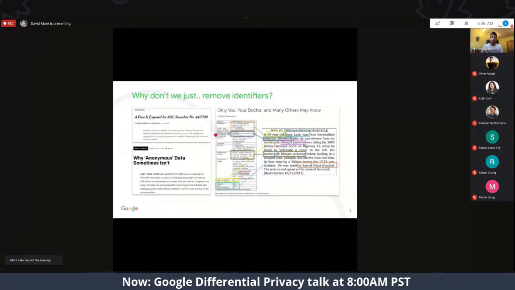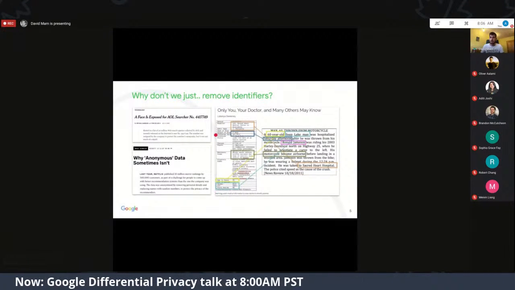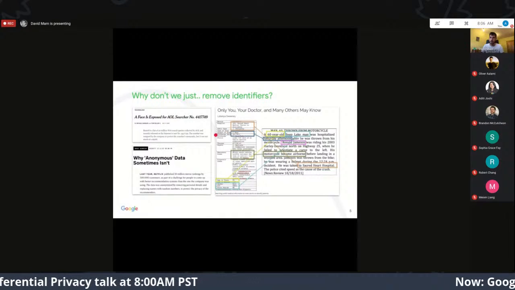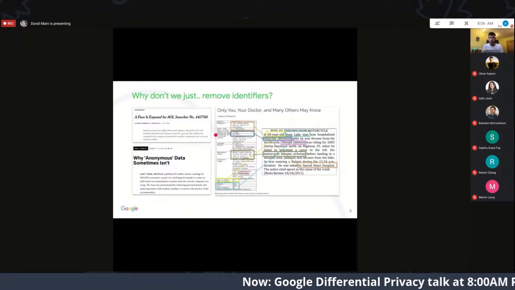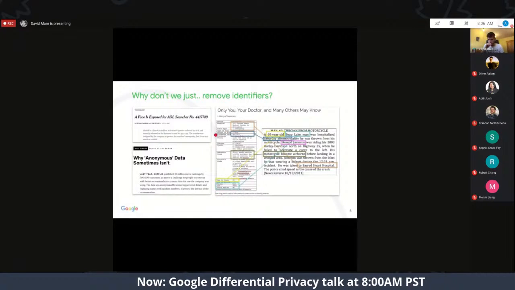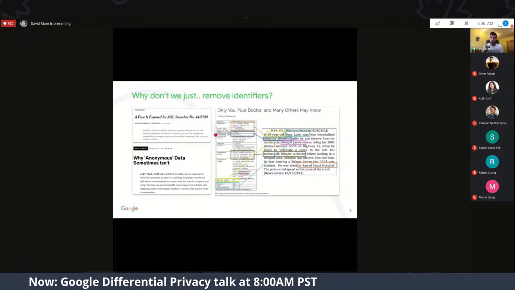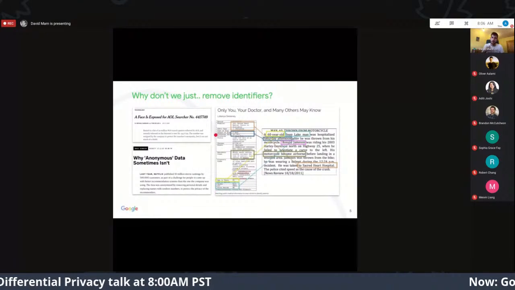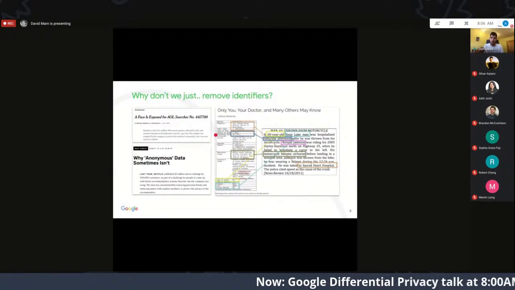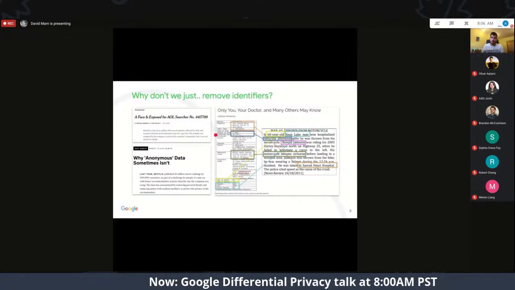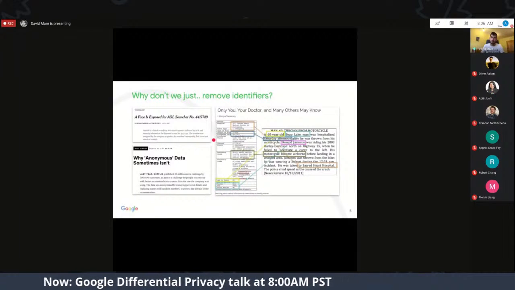And a little bit more recently, there was the famous Netflix challenge where they published movie rankings for 500,000 customers. People found out that you can join this with data that exists online to de-identify the movie ratings. So this approach will not work.